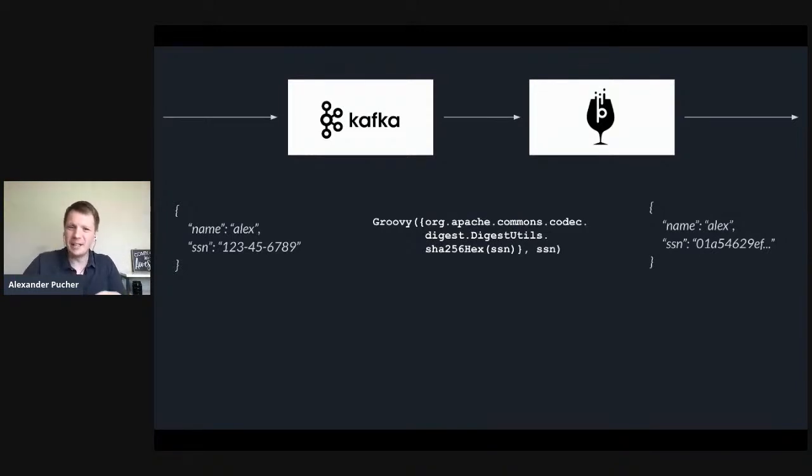And of course, if you implement this in a real world scenario, you probably want to salt it and do a couple of additional things. But I think this is just a very straightforward example to show how data masking and obfuscation can be achieved just simply by configuration in Pinot without adding some additional Kafka pipelines.